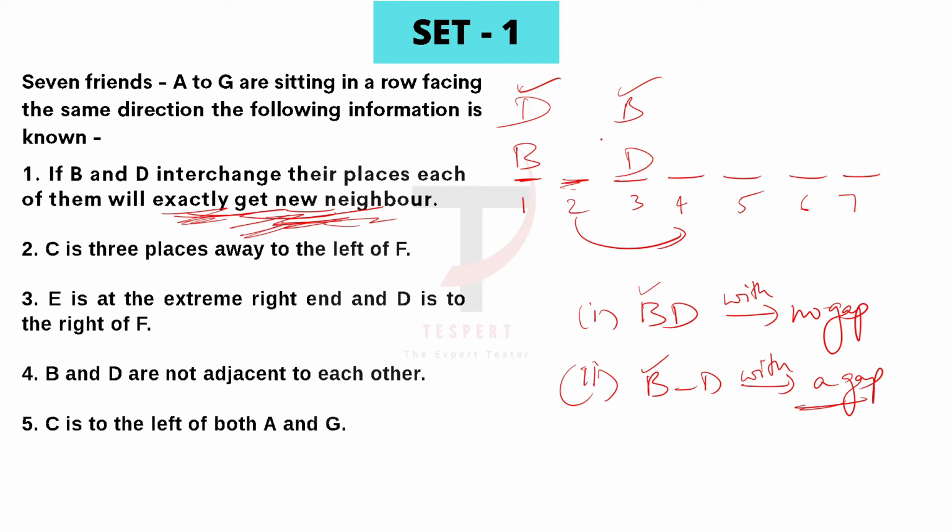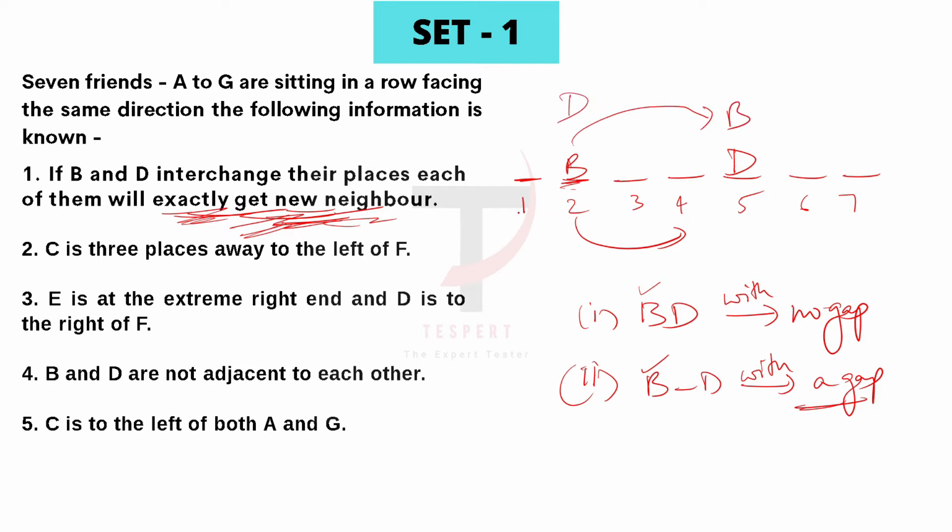What if we increase the number of places between B and D? For instance, if I place B here, increase one more place between B and D, and place D at 5, then after interchanging the positions, B will be going there and D will be coming here.